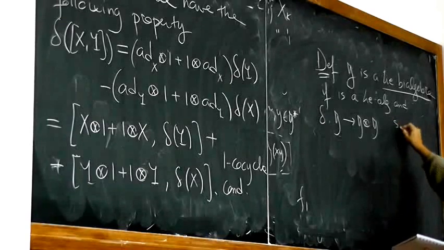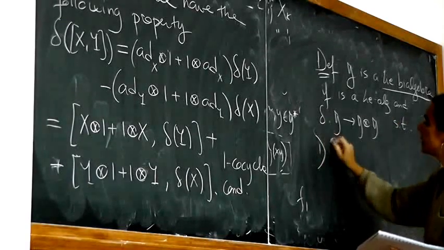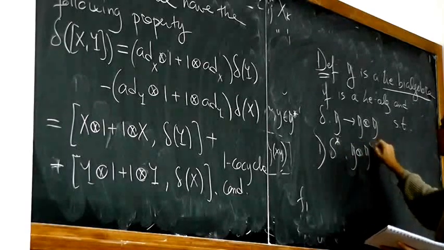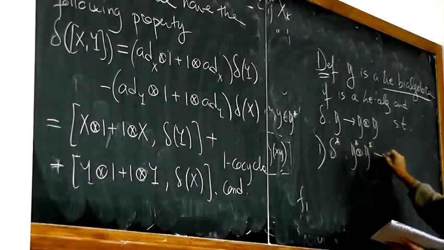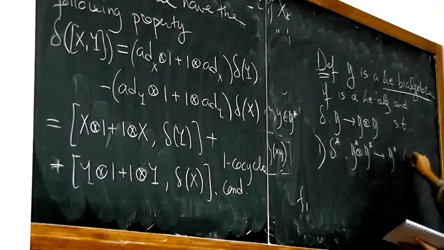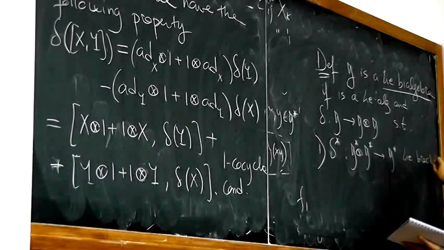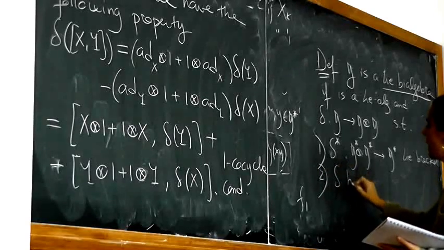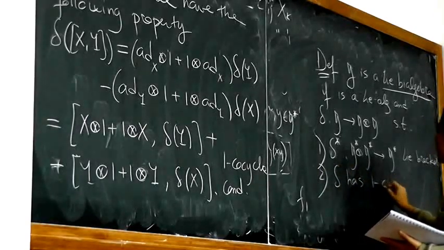This is such that: one, its dual is a Lie bracket. Two, delta has the one cocycle condition.